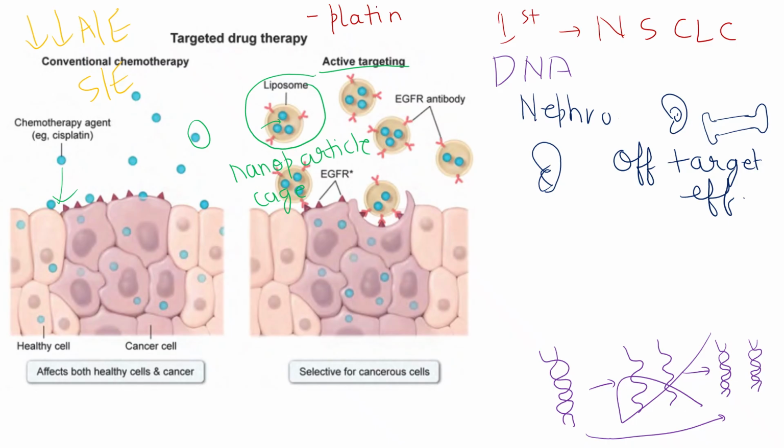Okay. So the addition of anti-epidermal growth factor receptor antibodies, here you can see. This is EGFR, epidermal growth factor receptor. These are EGFR antibodies. The addition of anti-epidermal growth factor receptor antibodies on the liposome surface results in an antibody drug conjugate, which allows the encapsulated drug complex to selectively bind to tumor cells.